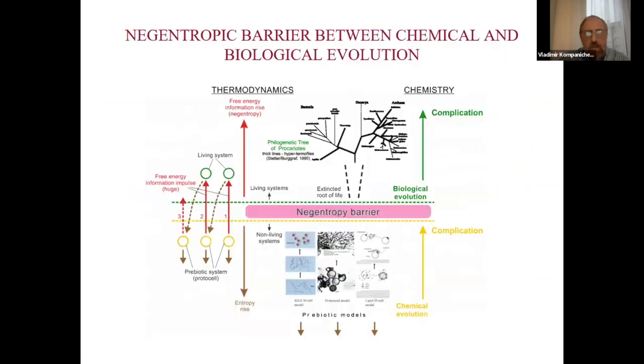And from this intermediate state, two ways are possible for further evolution of this system: either increase in surplus free energy and evolution to life along with biological evolution, or return into the passive non-living state.